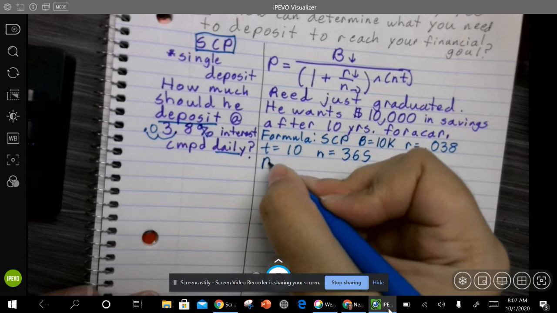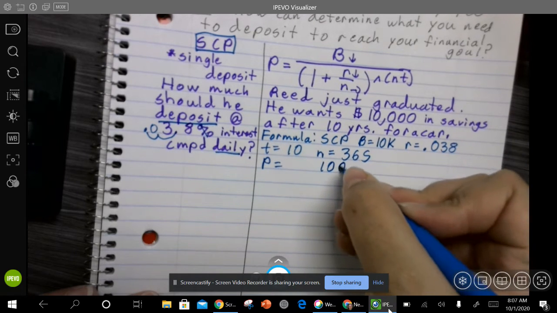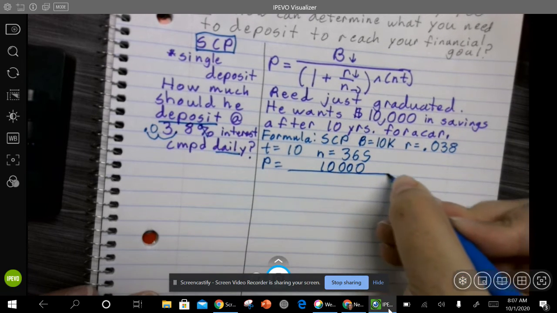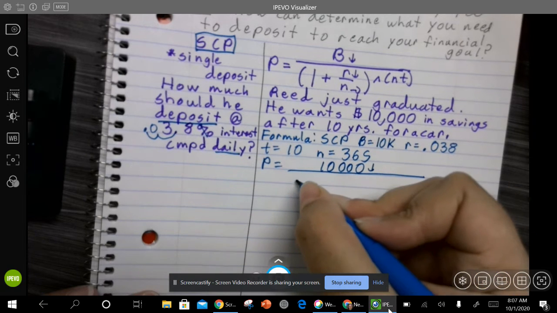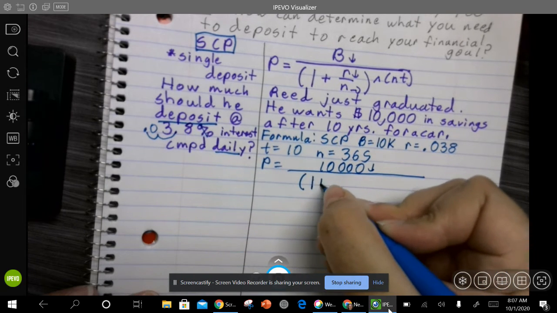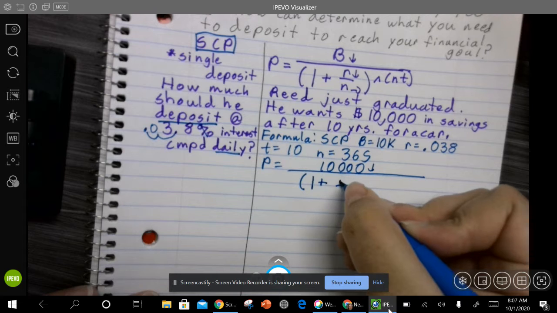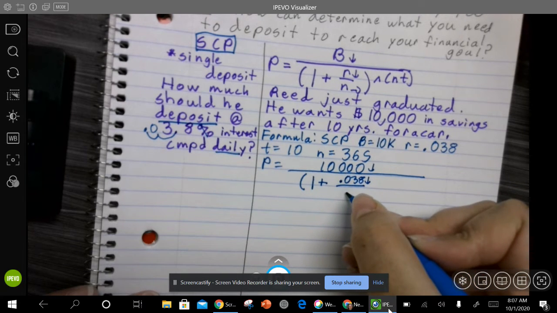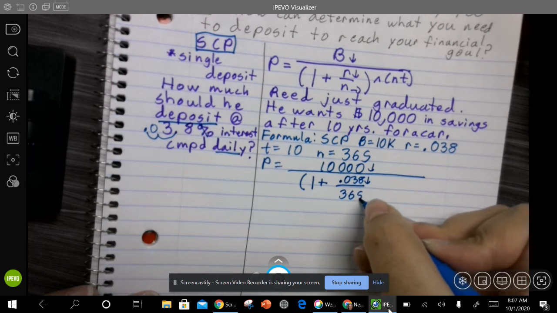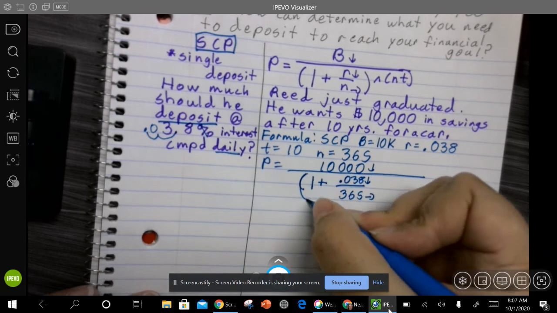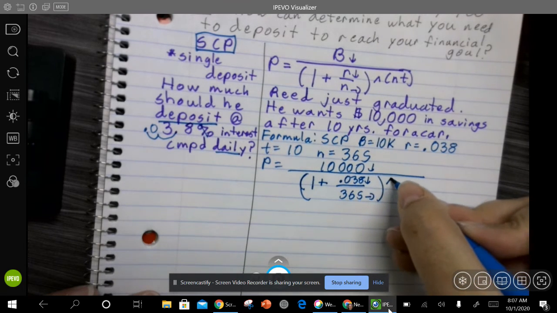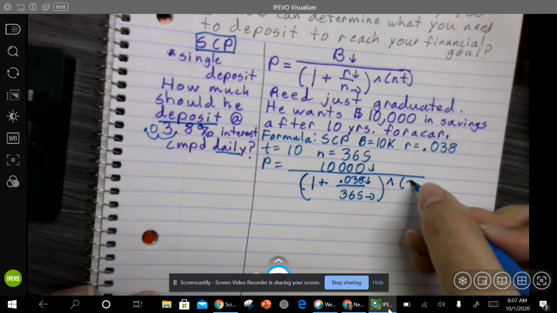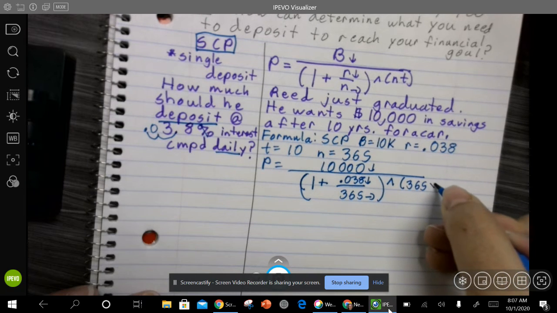So we're going to put all these together. So we're going to have 10,000 all over, divided by 1 plus 0.038. Scroll down, and then it's going to be 365. Scroll to the left, raised to 365, so n times t times 10.